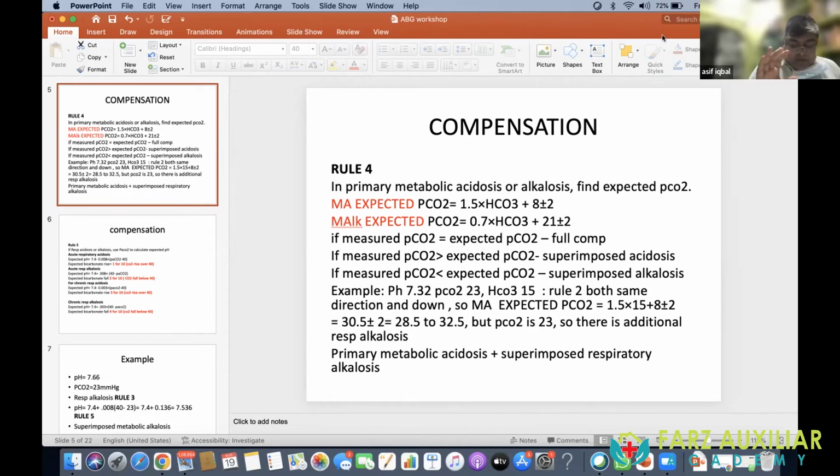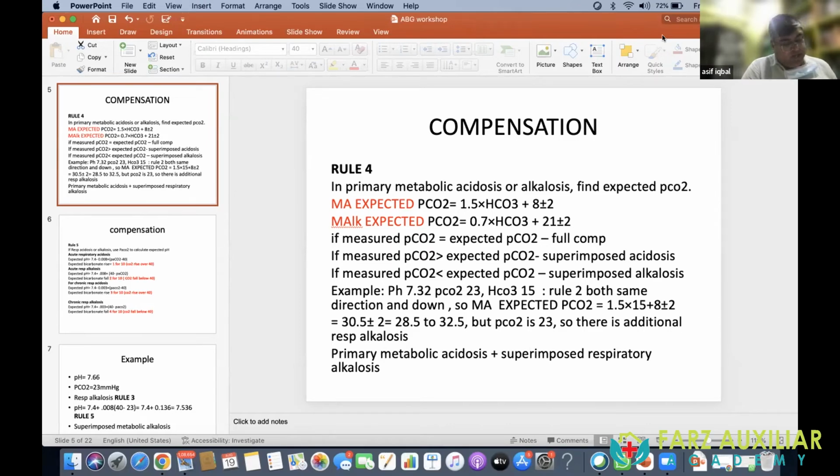In case of metabolic alkalosis, you have to remember to measure the urinary chloride. Why is it important? So what is the commonest cause of metabolic alkalosis?